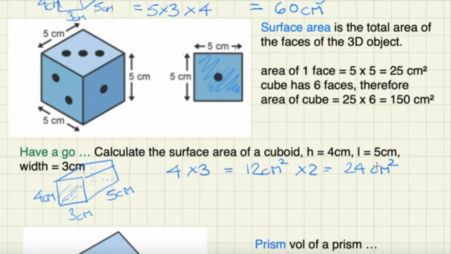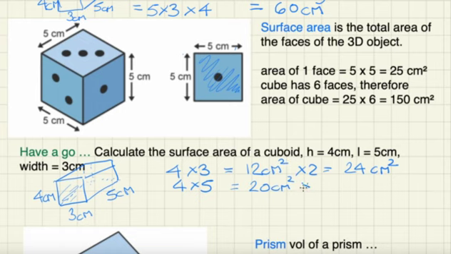Let's do the same for this face over here. Now this is 4 centimeters, so this is 4 centimeters. So 4 centimeters multiplied by 5. This is 20 centimeters squared. And remember, we've only worked out the area of this. There's one set on the back.